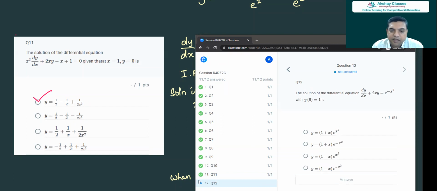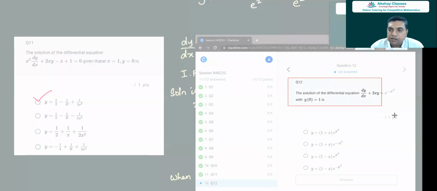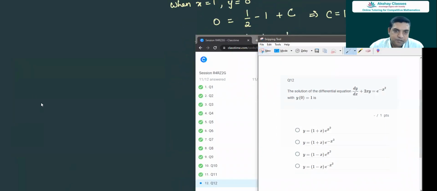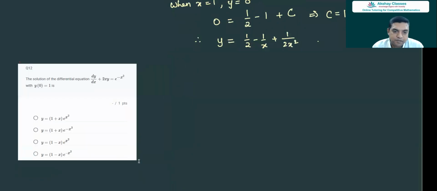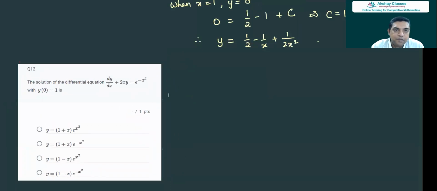The last one, again, it's a linear differential equation. So this is direct dy by dx, no transformation required, very simple.